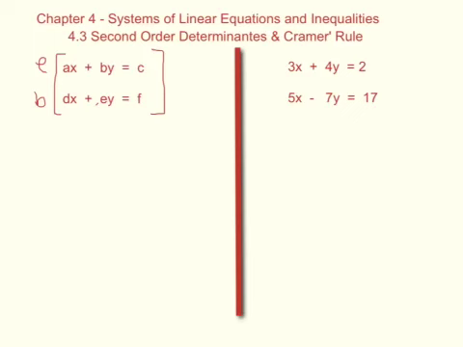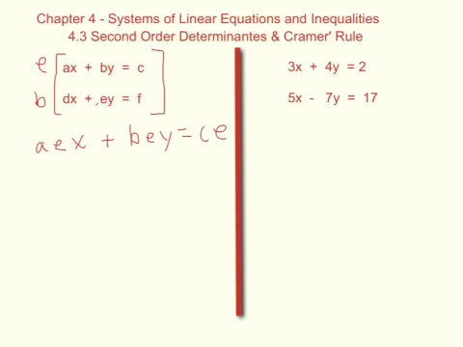And we would write this, once it's all multiplied through, as a times e times x plus b times e times y equals c times e, where a, e, b, and c are all constants.